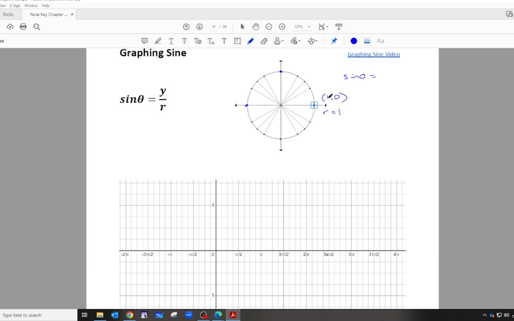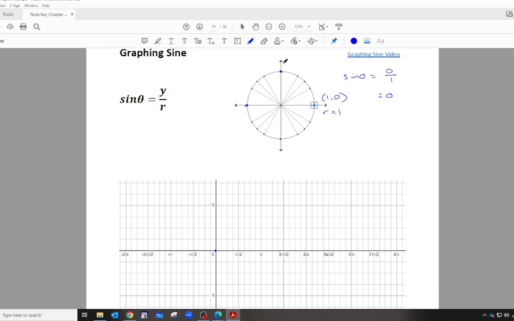So if I ask you the sine of 0, it would be the y value, which is 0, over the r value, which is 1, which would be 0. Which means that when x is 0 radians, actually I should be talking in radians, sorry, I got stuck in degrees there. When we're at sine of 0 radians, the y value, or your output, would also be 0.